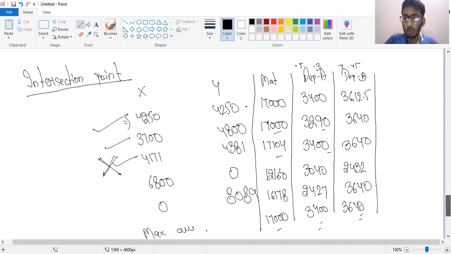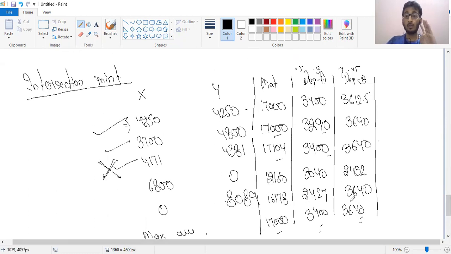Okay, so everything is within the limit. I think I calculated this wrong. This would be 3400, not 3040. So everything is within the limit in all these. So the third option got cancelled.